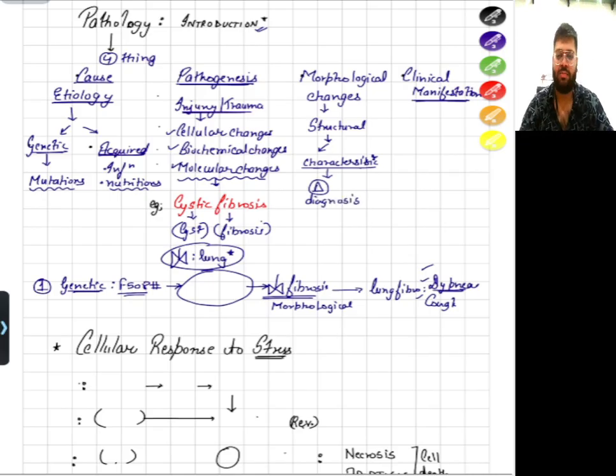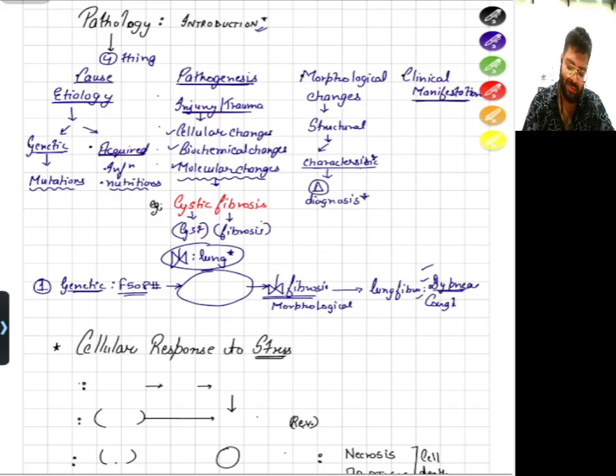Our main aim is to diagnose the disease. So we will study the structure of various diseases, so that when we see them in our clinic or in biopsy samples or any other place, we can diagnose them, and in relevance to that, we can treat them.